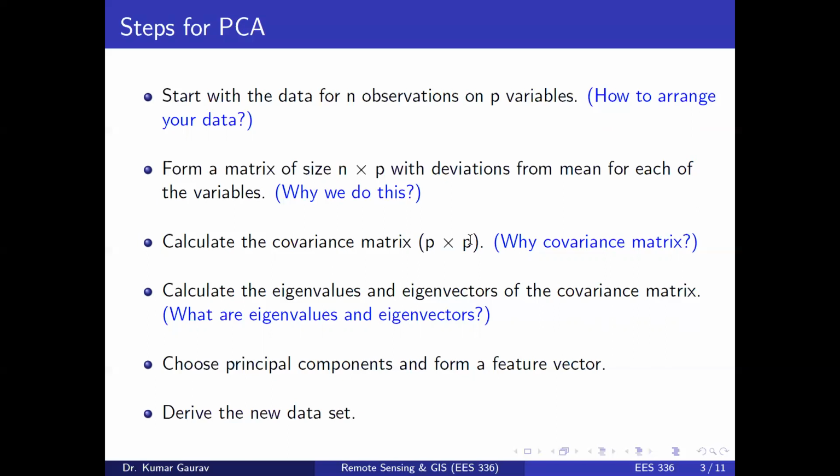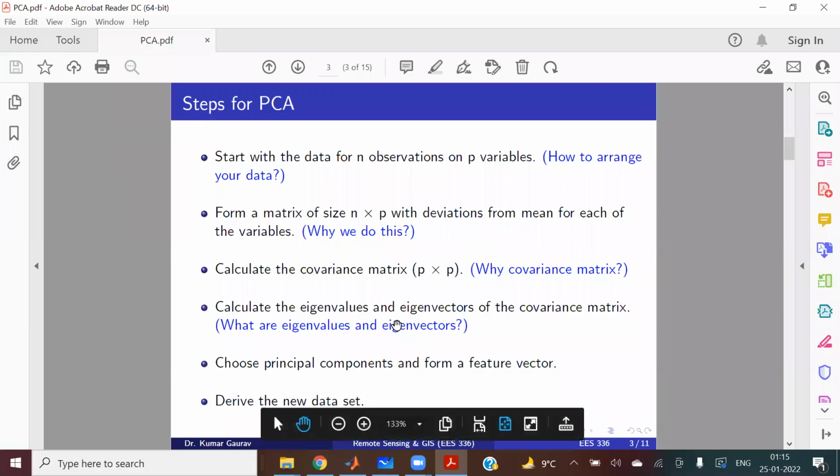Suppose you are dealing with 10 variables or 20 variables, those variables should be arranged in columns, and the number of times you have measured those variables should be the rows. So n should be the observations, the number of rows, and p should be the variables. Let me go through that.